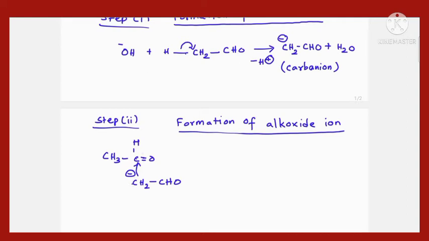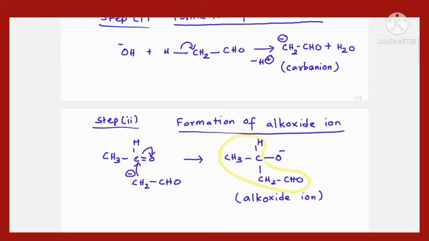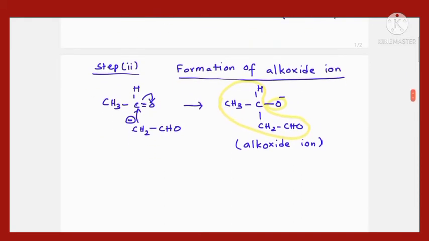By this time the bond pair moves to oxygen, so that it becomes single bond O minus. This results in the formation of a substance of formula CH3-CH-O minus, whereas in the branch you have CH2-CHO. Now this is nothing but an alkoxide anion, because all this group together is considered an alkyl group, and oxygen with a charge, so alkoxide anion. Now this is the second step. Now we go for the third step.